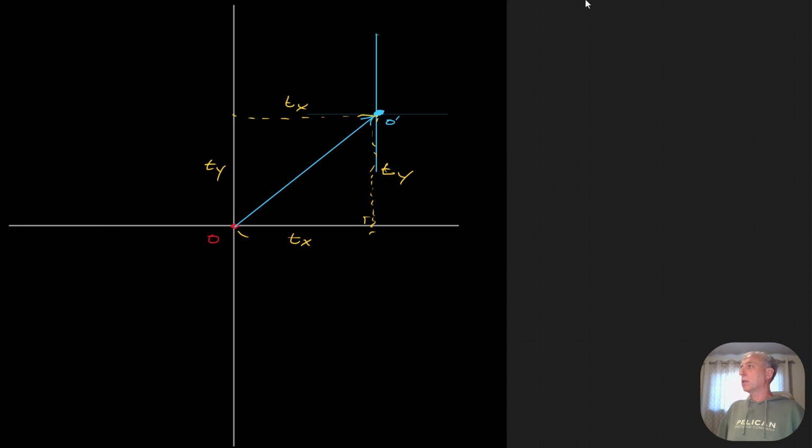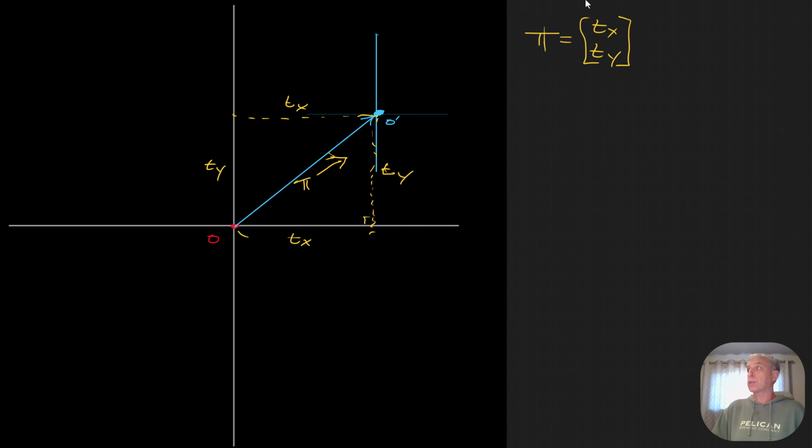So our translation vector, which is moving that way, is equal to tx and ty. Just different symbology, but something we've been doing since 5th grade or whatever.